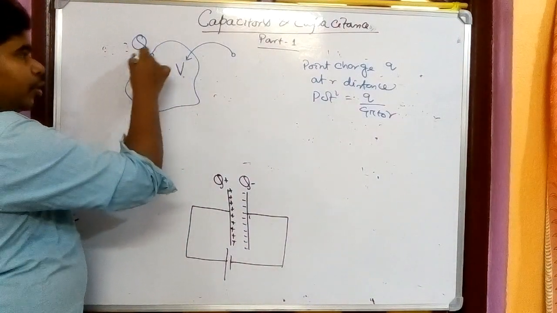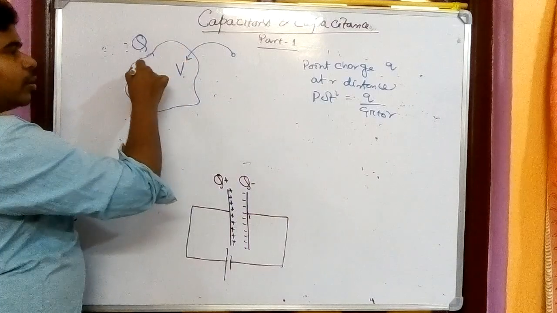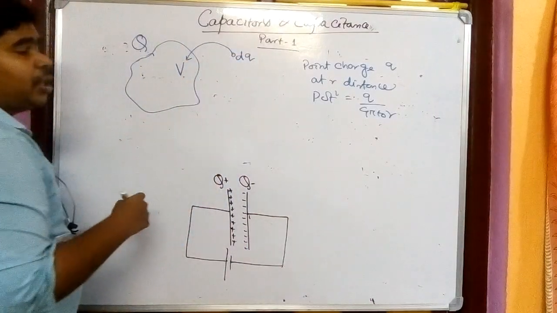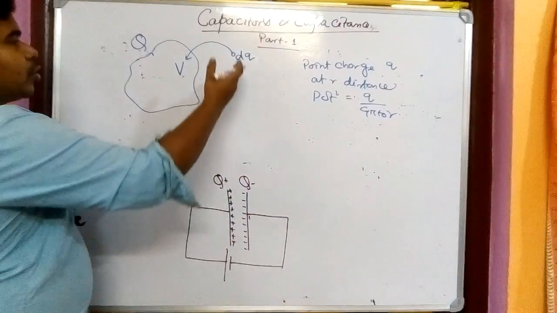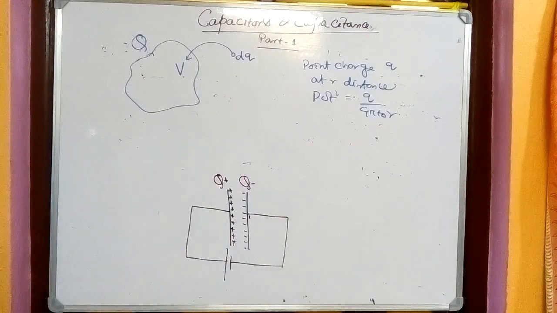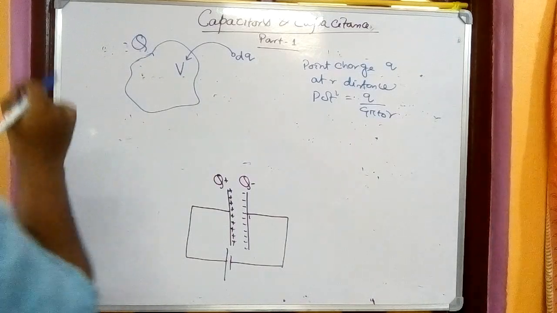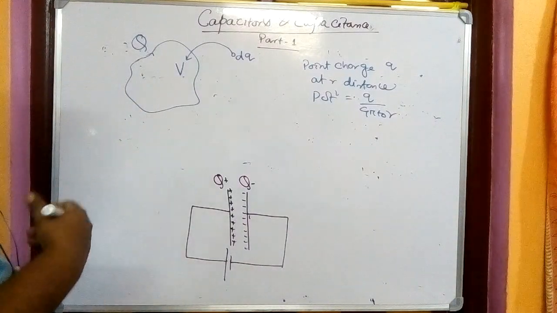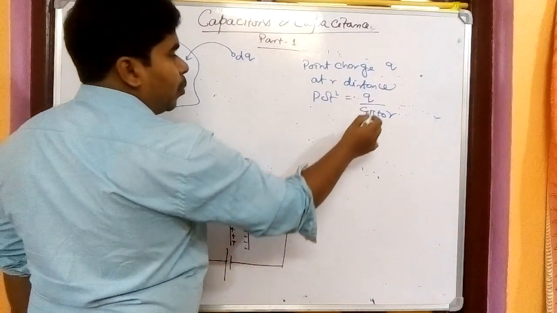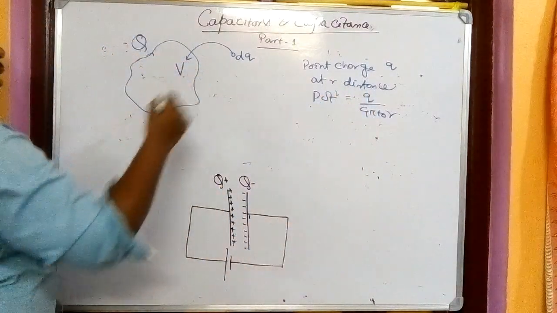Q is there, and due to Q there is a potential on this plate. Now assume you take a small charge dq and put it in that conductor, meaning you increase the charge of the conductor by adding small amounts of charge. We know that, from this equation, the more the charge, the more the potential at a certain distance.